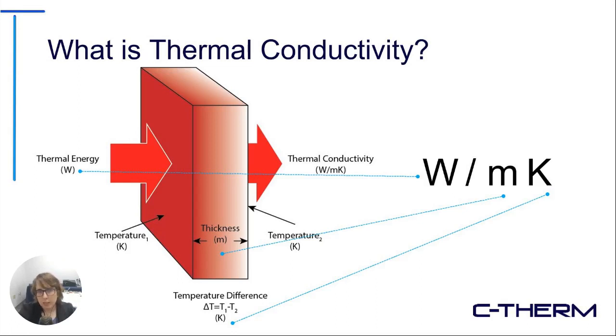So if you have one side of this red block here that is maybe at your household interior temperature, 20 degrees Celsius, and maybe it's a winter day up here in Canada, it can be minus 35 Celsius. So let's say the outer wall is at minus 35 Celsius.